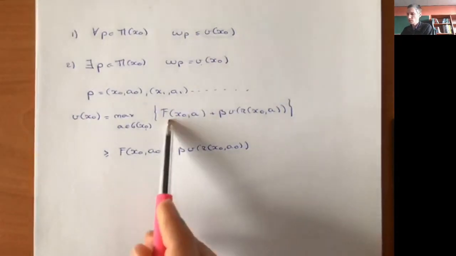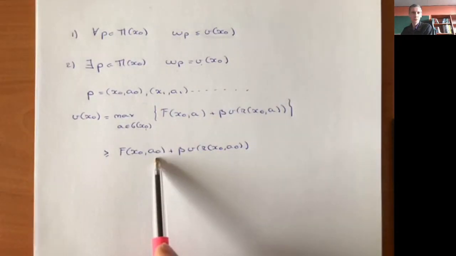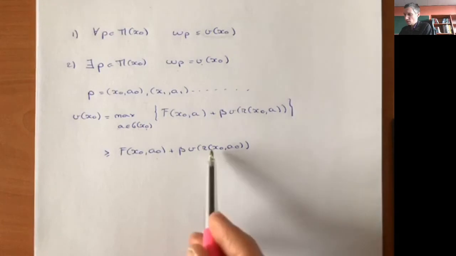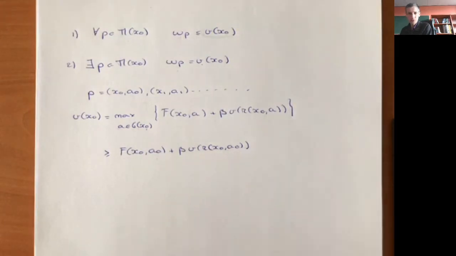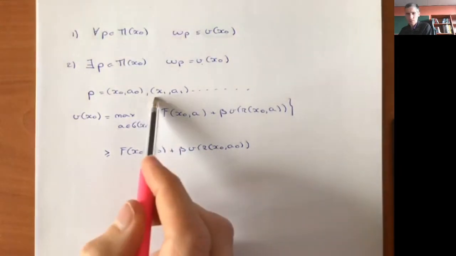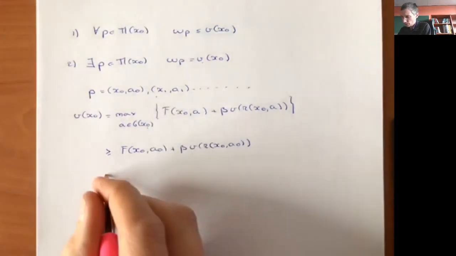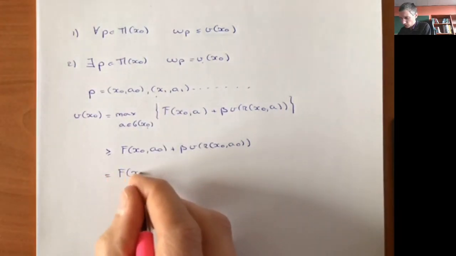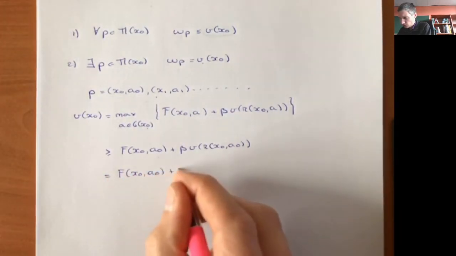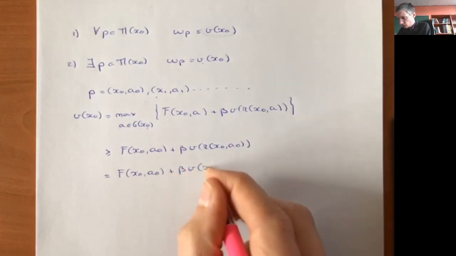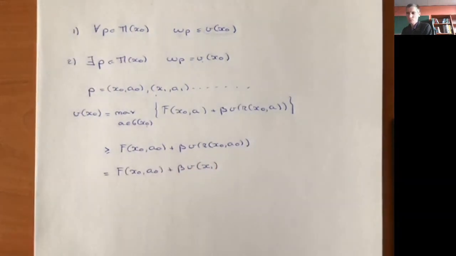This is just taking one possible value. Now r x0, a0 is nothing else than x1. So this is equal to f of x0, a0 plus beta v x1.